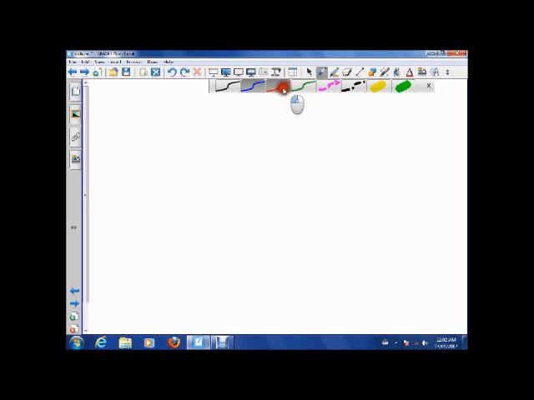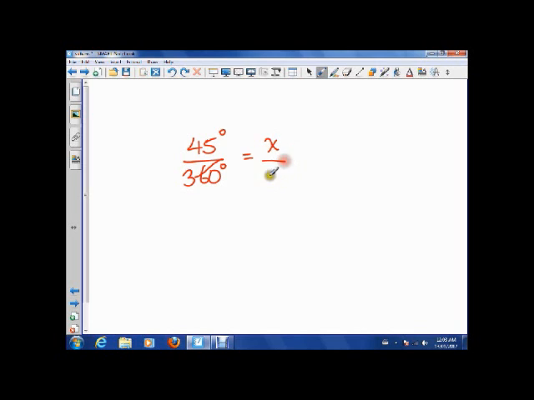We've got 45 degrees out of 360 is equal to, we don't know how many radians, out of 2 pi. Again we cross multiply, so we end up with 2 pi times 45 divided by 360, and that's x.